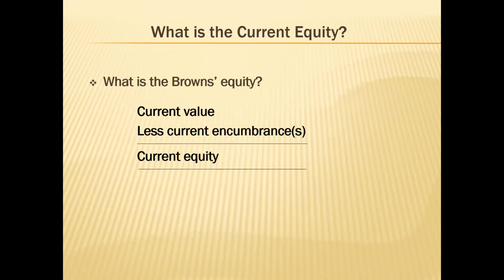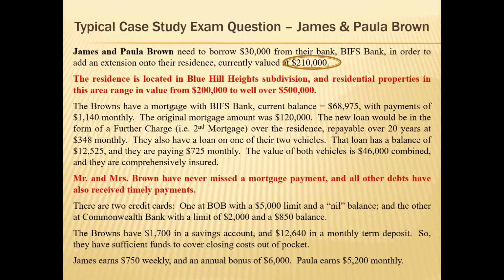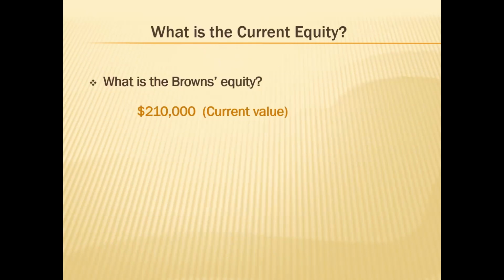There's our equity equation. What is the current value? 210,000. Again, we get that from the statement. What is the encumbrance? 68,975.